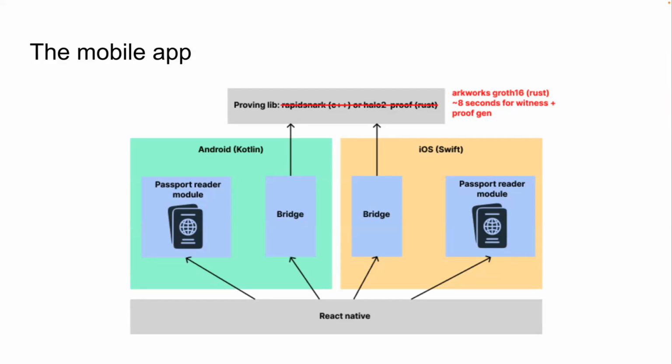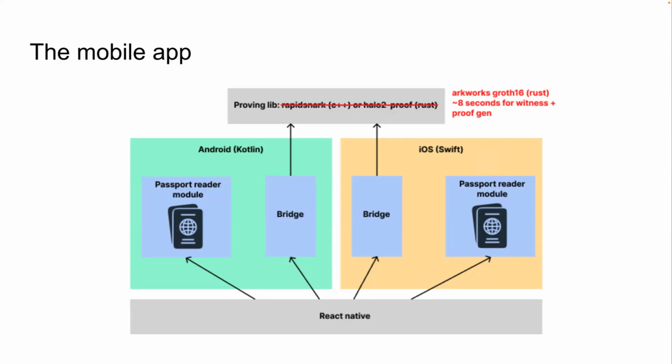But it's not the best thing for a mobile app, because on a mobile app you don't have the constraints of WASM. You can compile raw code to run on bare metal, like C++ or something like that, and so you can go way faster with Groth16 libraries.